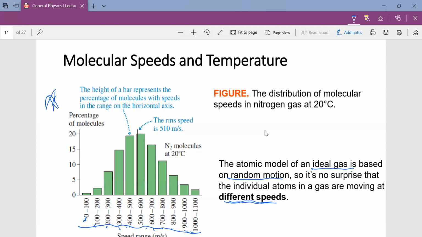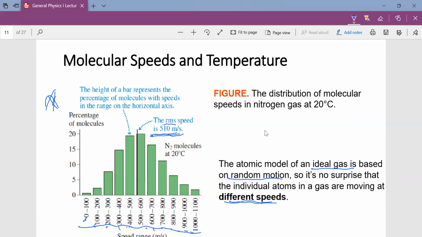We now discover that if we want to understand the entire system of that gas, we have to, like we saw earlier, take the average kinetic energy, right? But in terms of speed, we have to bring in the concept of root mean square to take the average speed.